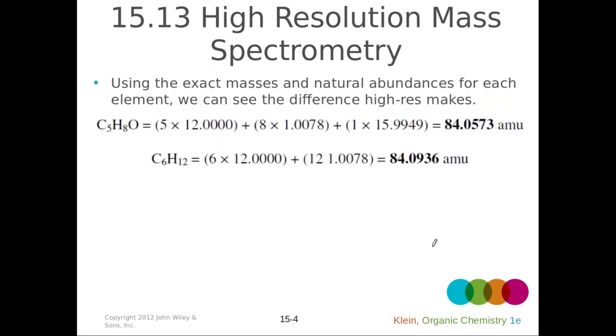If you wanted to calculate your AMUs to the exact molecular formula, you could do that as well, knowing how much a hydrogen atom weighs, oxygen weighs, and carbon weighs. So you could calculate the difference between C5H8O and C6H12. But generally, if you have one of these instruments, you're going to have a table where you can look this information up.